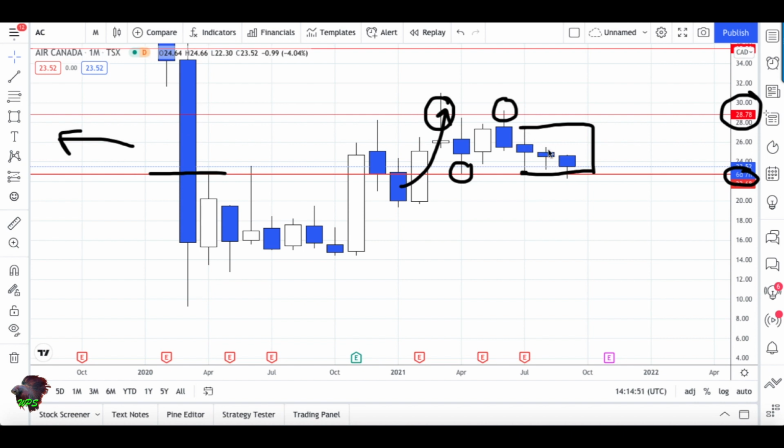When I say closed within the previous candle, it means the bottom and the top of the previous candle contain this candle, so it doesn't cross over the top and doesn't cross over the bottom. It's basically inside this candle. That's what we call an inside candle. Basically, it's a huge indecision. That means that this box is starting to form.